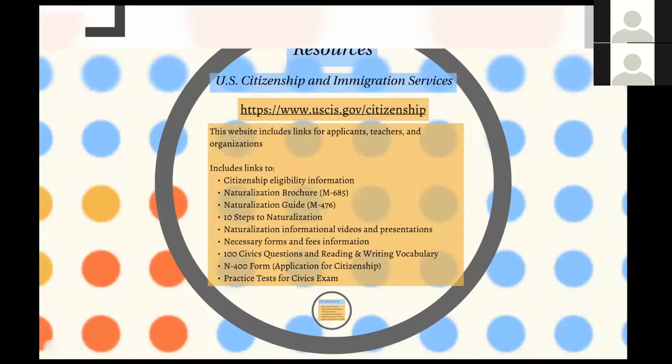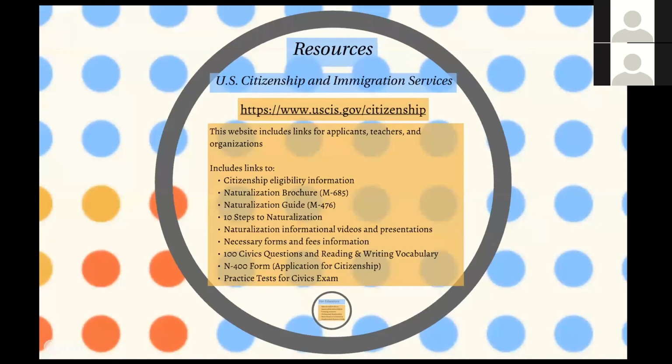So I just want to talk about resources for a minute. Really, the best resource that is out there is the Immigration Services website. It has everything you could possibly need to learn about the naturalization process. You can see the fees, you can download all the forms.